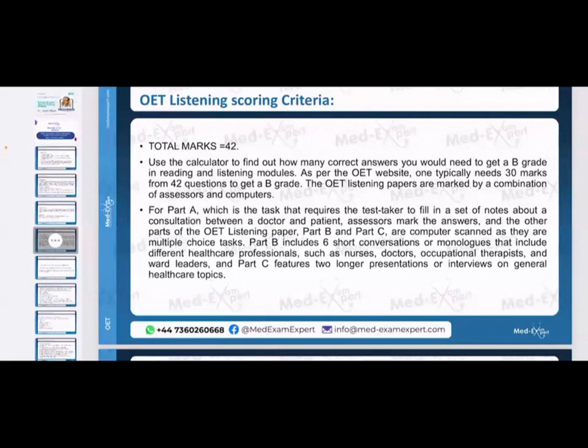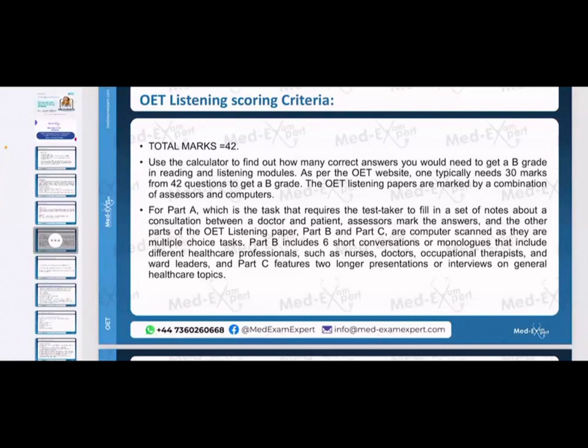So I would say to all the aspirants, put your maximum effort on part A and part B, because part C is very difficult. If you get all correct in part A and part B, then you have a margin to make mistakes in part C.